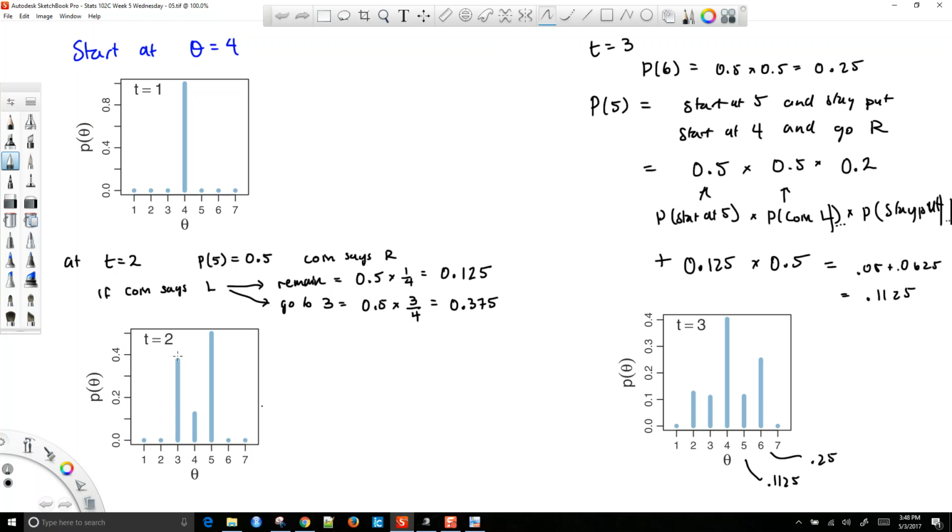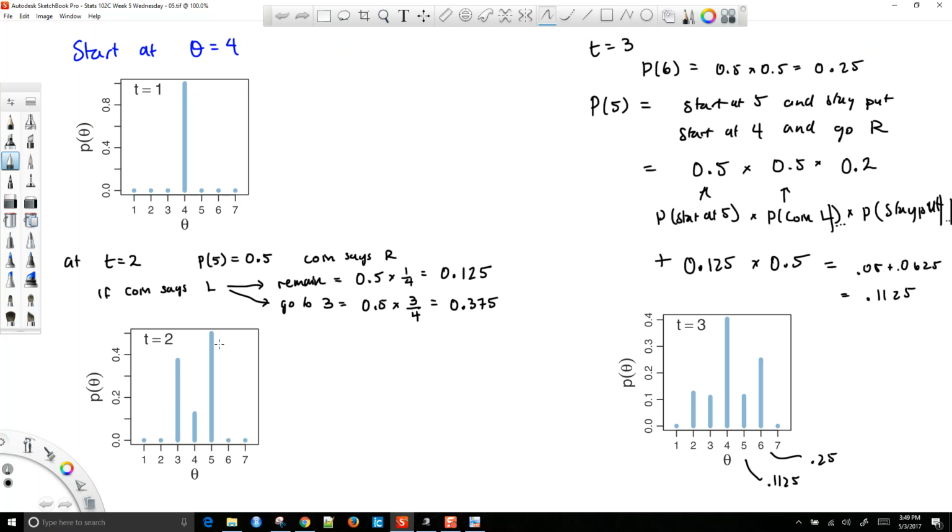I'm using this as a starting point for my probabilities for time 3. So we're looking at the previous step: at the end of time 2, I had a 0.5 probability of being at island 5, 0.125 of being at island 4, and 0.375 of being at island 3. Now I apply the rules.